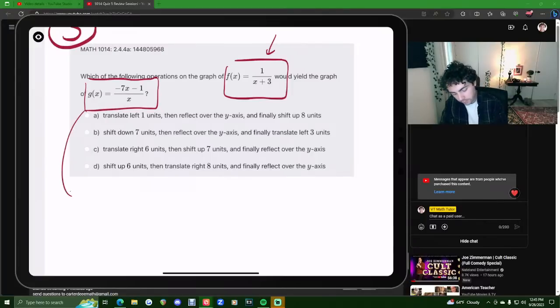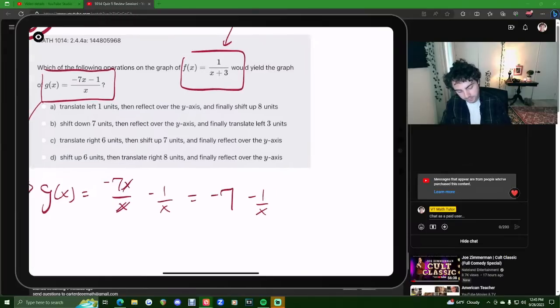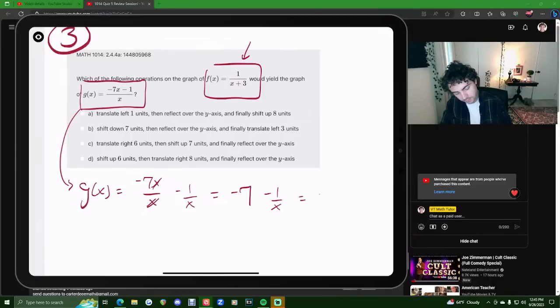So the quick way to rewrite g is by dividing each term up top by x. When we do so, the x's here cancel, and we're left with just -7 minus 1 over x. And if we just rearrange this, we get -1 over x minus 7.